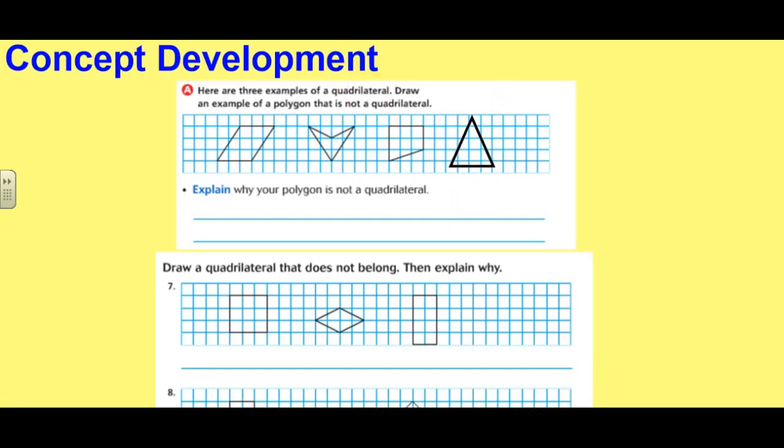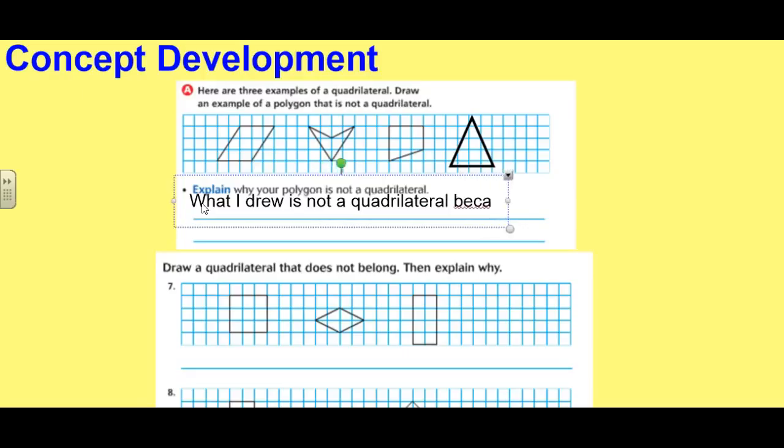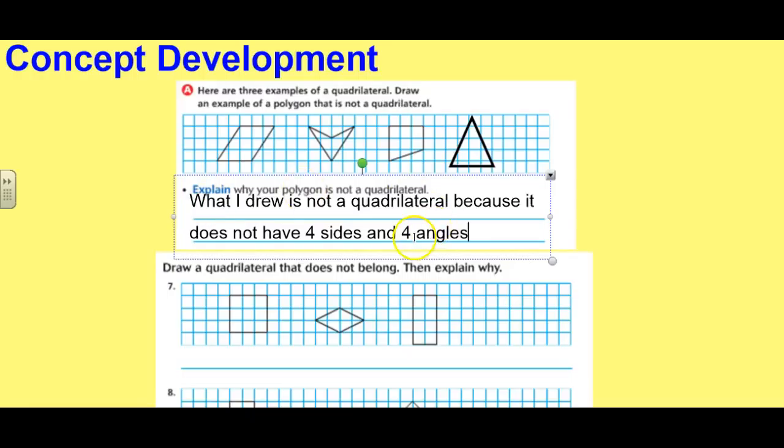And then when we explain it, we can say what I drew is not a quadrilateral because it does not have 4 sides. And I guess we could put 4 sides and 4 angles because that also is what a quadrilateral is. So that one was pretty easy. It just doesn't have 4 sides and 4 angles, and that's what makes this triangle not a quadrilateral.